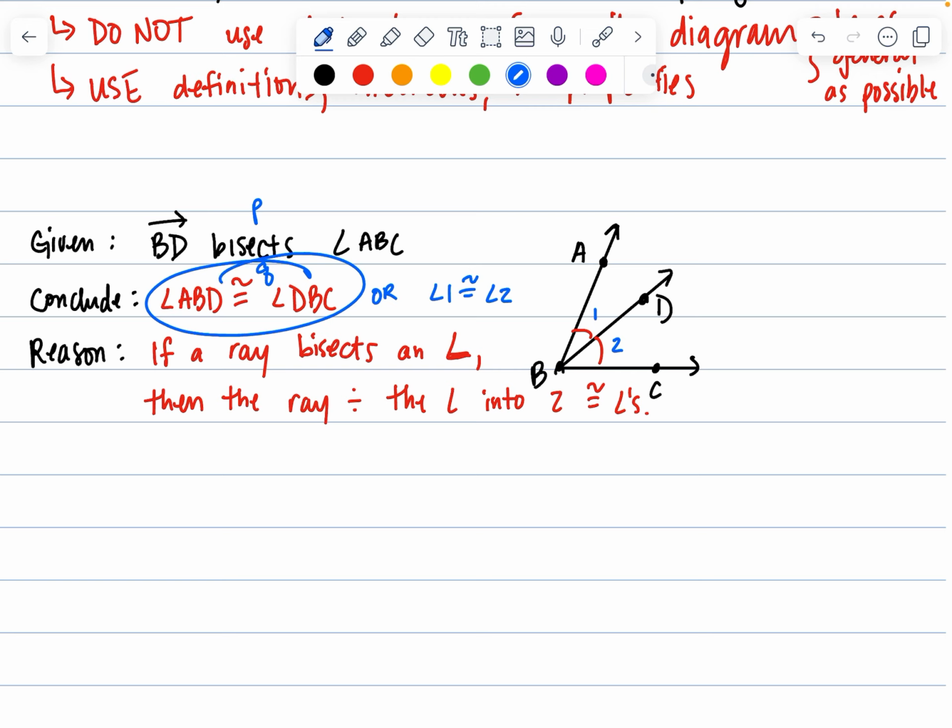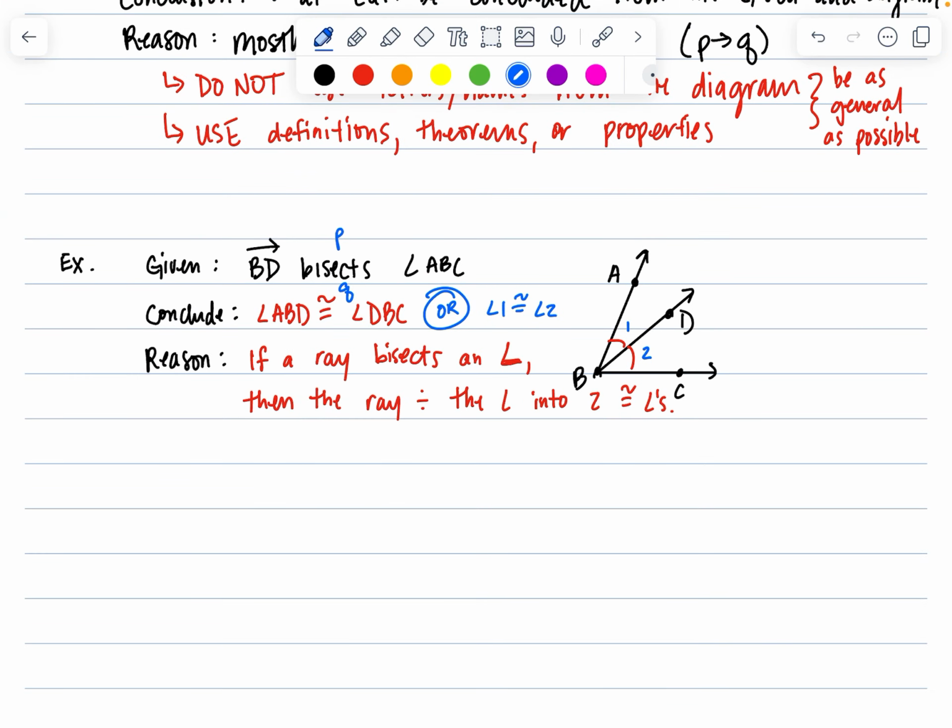If you don't want to write all of this out, ABD is congruent to DBC, this is a nice way to bypass writing more than you need to. So either one works. That's why I'm putting the or here. It doesn't have to be one or the other. You get the choice. The reason would still be the same because a ray is bisecting an angle. It is dividing it into two congruent angles.